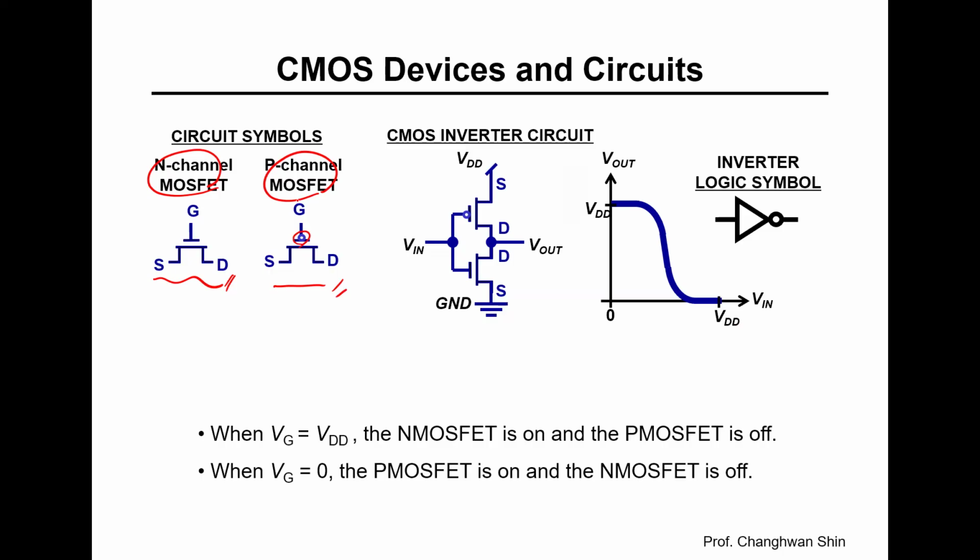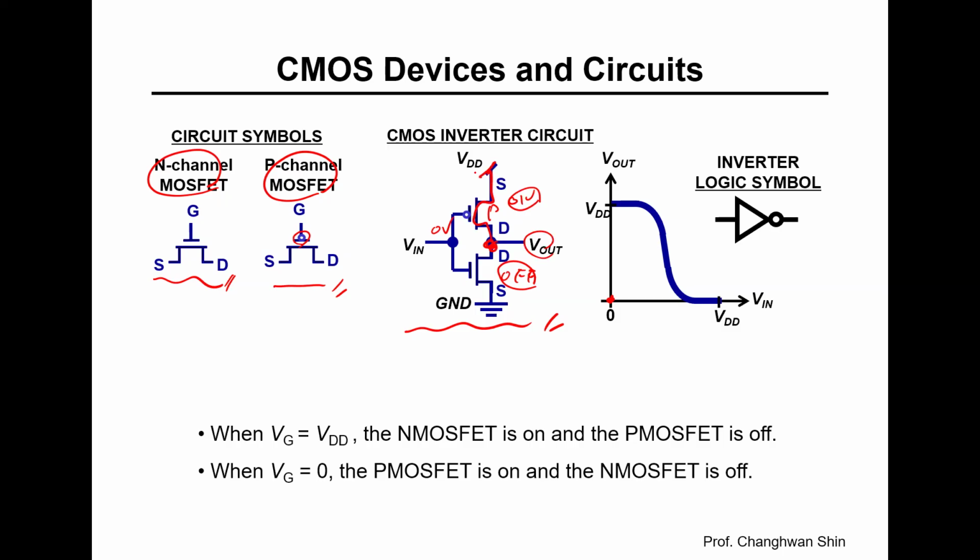The beauty of CMOS is demonstrated in this CMOS inverter circuit, which is the simplest building block of digital logic circuits. When the input is very low, 0 volts, the p-channel MOSFET turns on while the N-channel MOSFET turns off, connecting the output node to VDD, high.